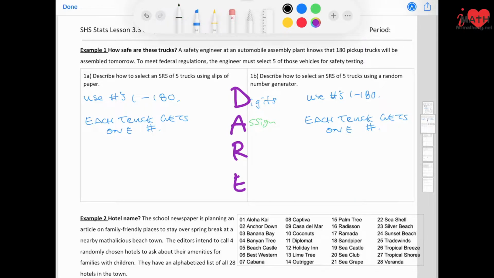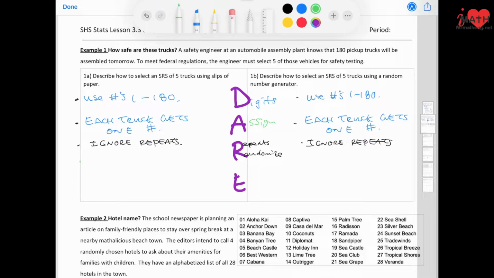What do we do with repeats, and how do we randomize? Well, I'm going to ignore repeats, because I don't want to pick the same truck twice. I want 5 separate cars.